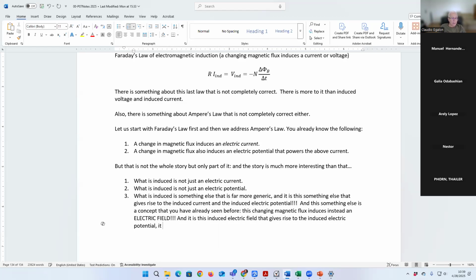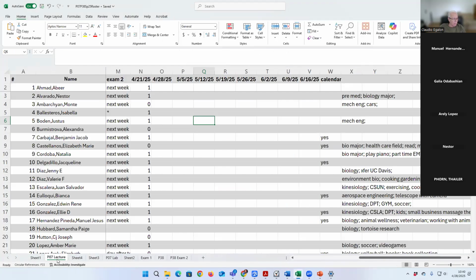It is also this induced field that gives rise to the induced electric current. Okay? And I will be able to illustrate that for you so you can have a more clear idea. But before we go into that, let's take attendance and take our little break.